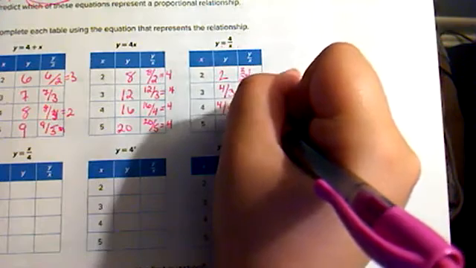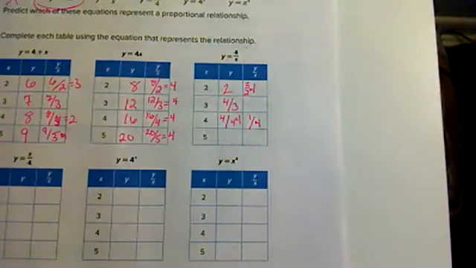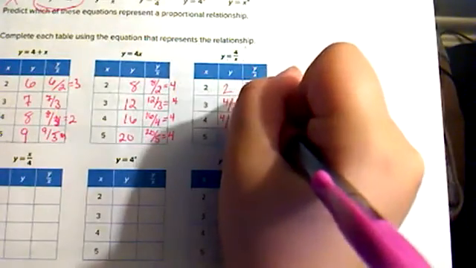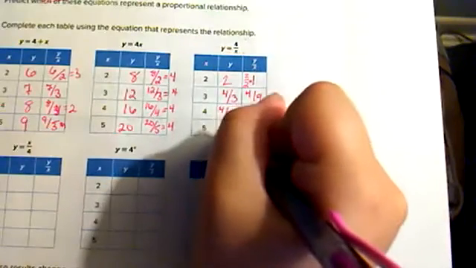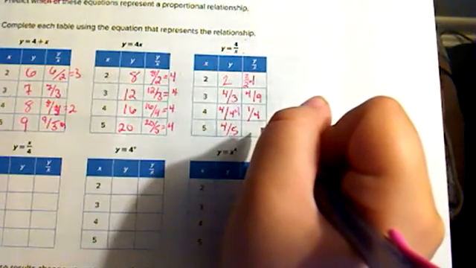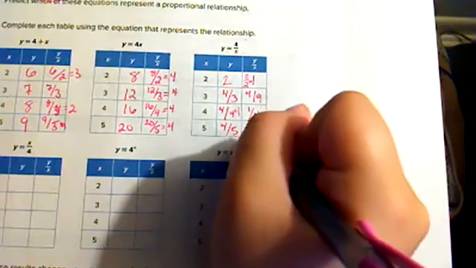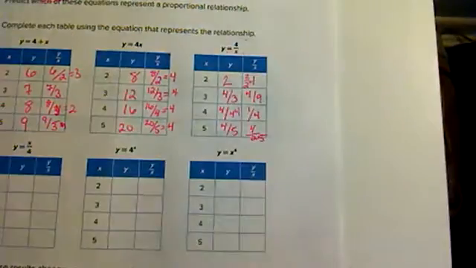So this would be 1 over 4. So this would be 4/9. 1/4. All right, and now it would be 4 over x. This time x is 5, so it would be 4/5. And our slope would be 4/25. So this one would not be a proportional relationship.